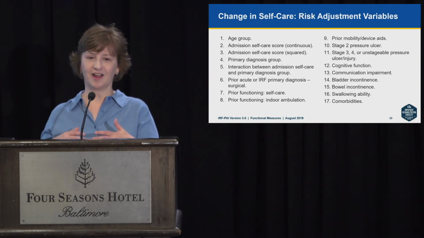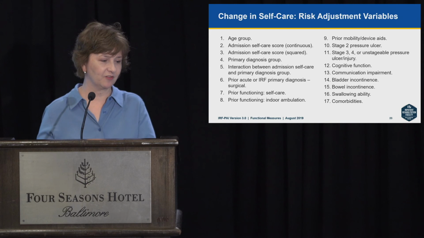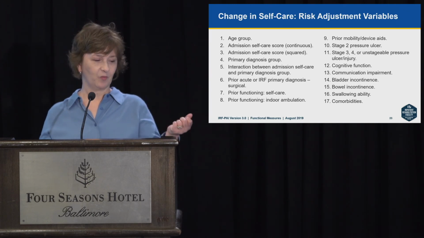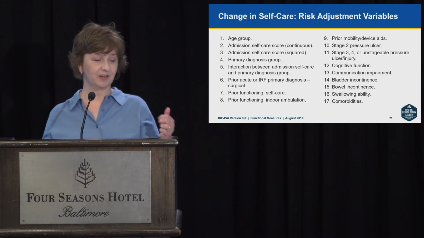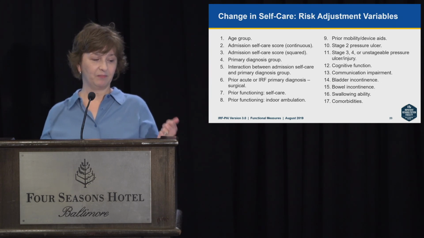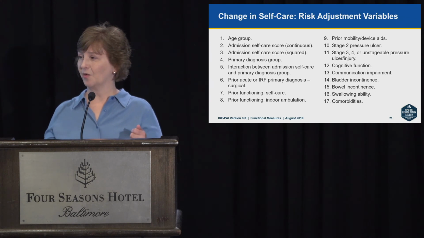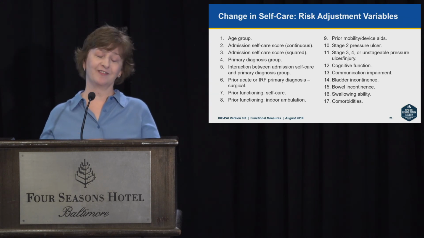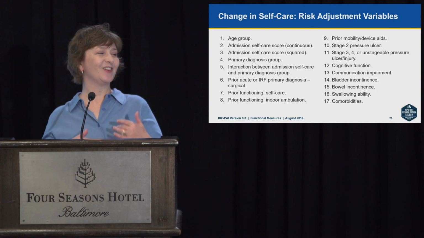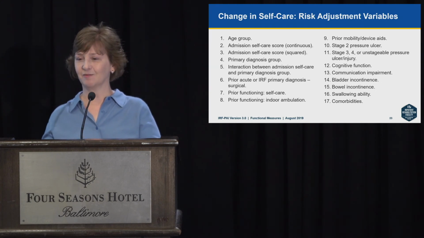And so again, our analyses showed these effects, and so they are risk adjusters. And as you can see, we also found cognitive function at admission made a difference, communication impairment, bowel and bladder continence, swallowing ability, as well as comorbidities. So if you're interested in the details, for example, which comorbidities, those details are available in a document that I'll be covering at the end of this presentation.